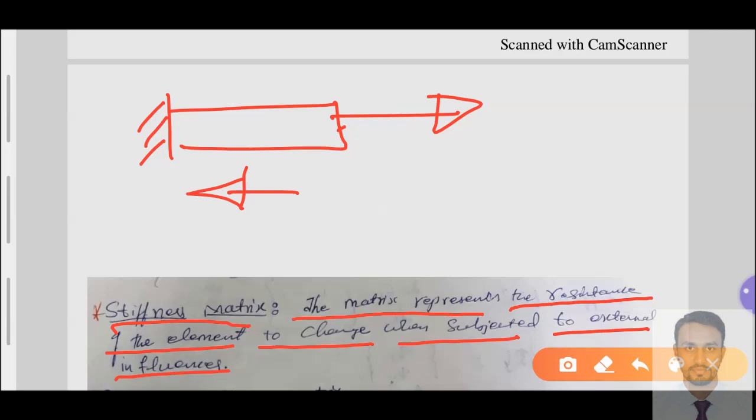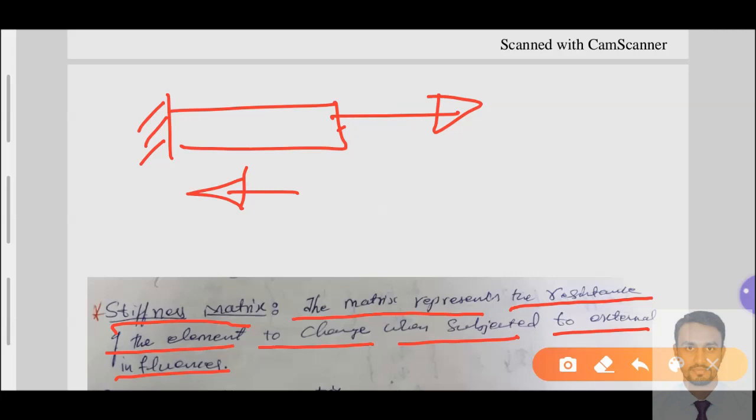In general, I'll define that when the object is subjected to an external force, it has its own resistance offered to the applied external agency. That resistance offered against the external agency or external influence is said to be the stiffness of the object.